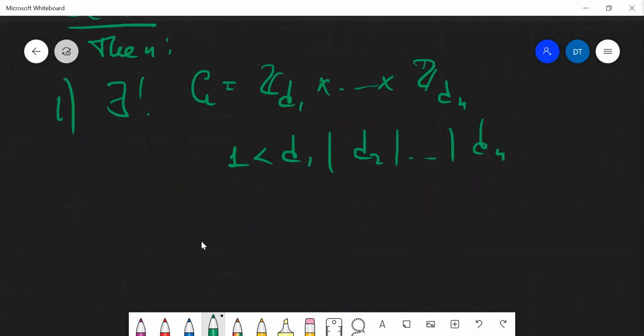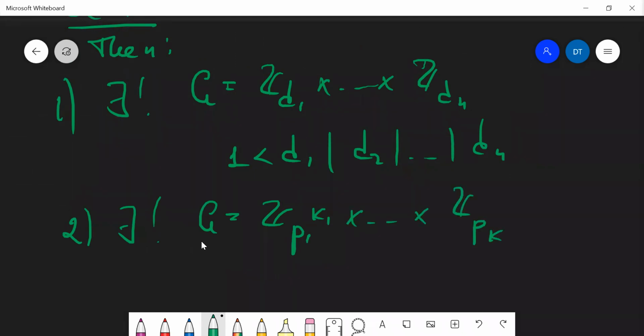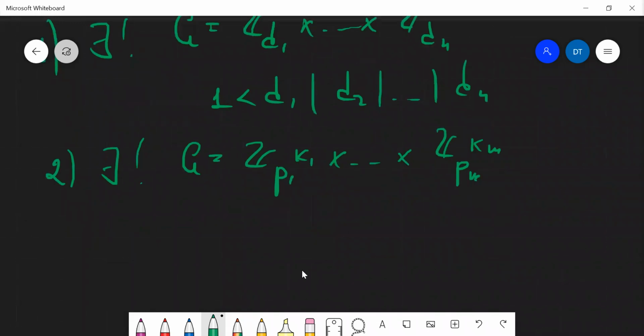And also, there is a different claim which says that every finite abelian group can be presented in another form uniquely. Let me write down the form, and then I will explain what it means. Here, p1 to pm are prime numbers, primes with repetitions.